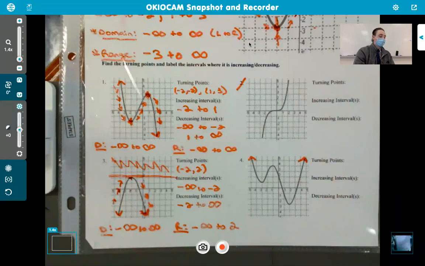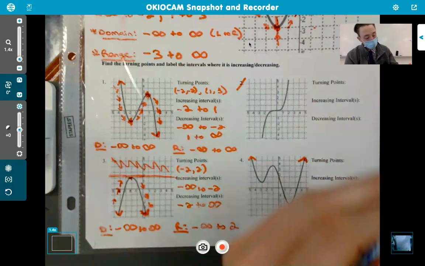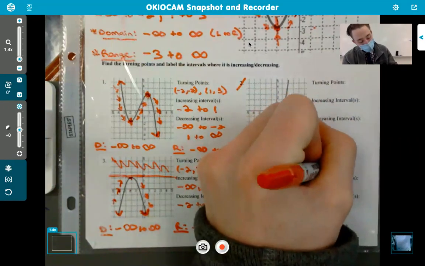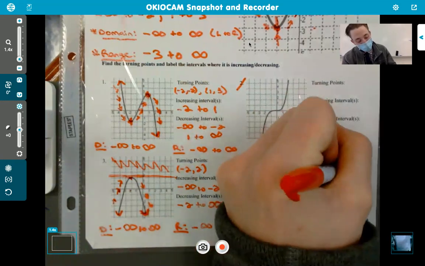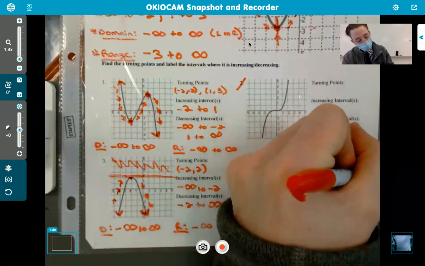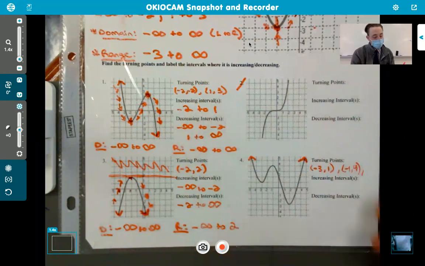All right. Let's see if you can do example 4 on your own and then tell me everything that I need to know about this. What are my turning points? I have a couple turning points here. Okay, so -3, 1, -1, 4, and then 2, -3.